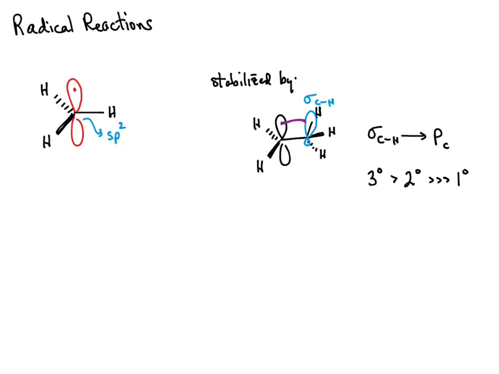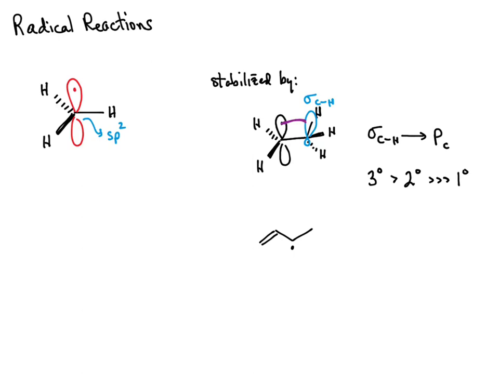Similarly, benzylic and allylic radicals can be stabilized by resonance. Okay, so either sigma donation or resonance are going to stabilize these systems. And so the example of resonance is here.